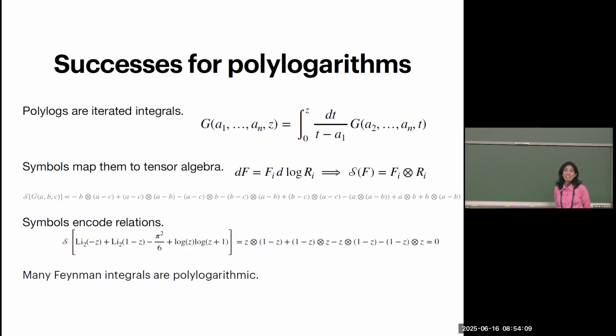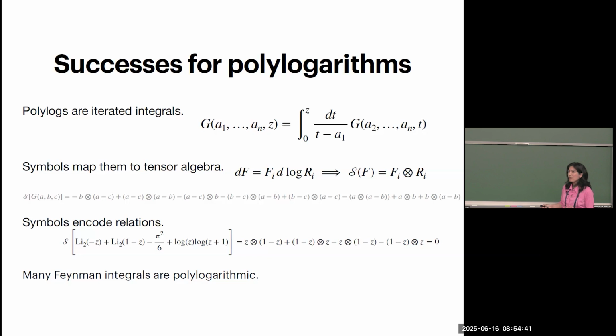We've had a lot of success in the case of integrals that involve polylogarithms. Polylogarithms are iterated integrals with simple integration kernels. I want to introduce the symbol. There is something called a symbol map, which takes a polylogarithm and maps it to something in a tensor algebra. The usefulness of the symbol is that it encodes relations among logarithms and polylogarithms.